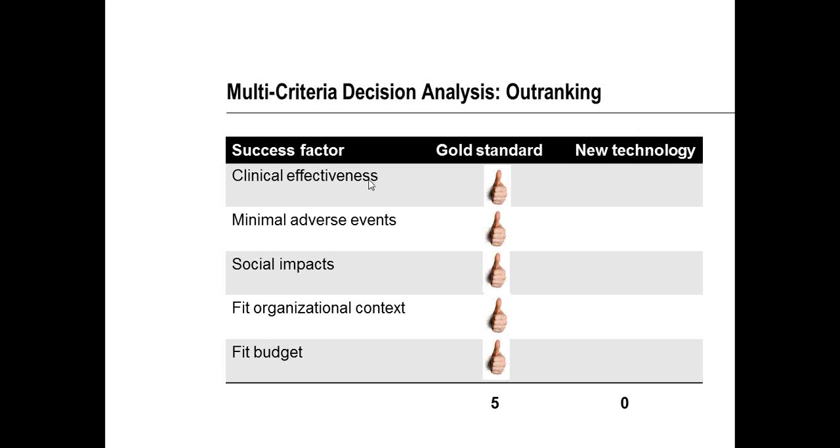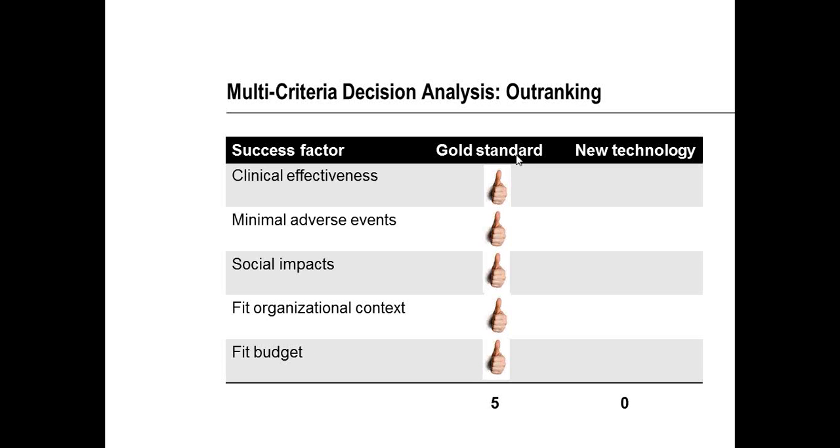Here you can see the different decision criteria. Those are the different impacts that you really want to take into account when you are comparing this new technology with the golden standard. For instance, you want to know about the clinical effectiveness of this technology, the adverse events, social impacts, the fit with the organizational context, and fit with the budget. Can they pay for such a new technology?